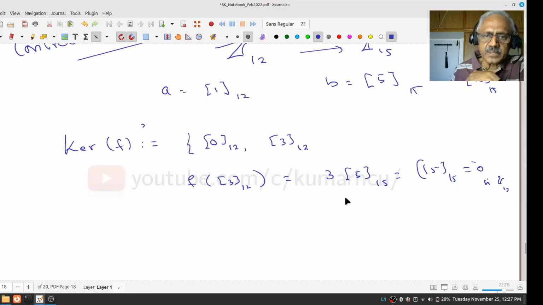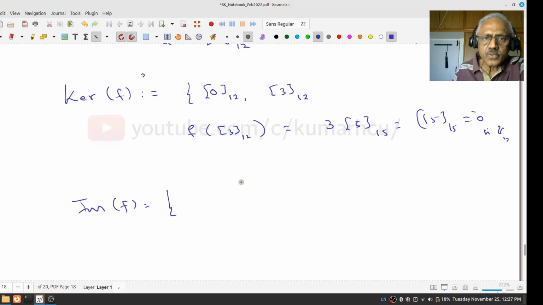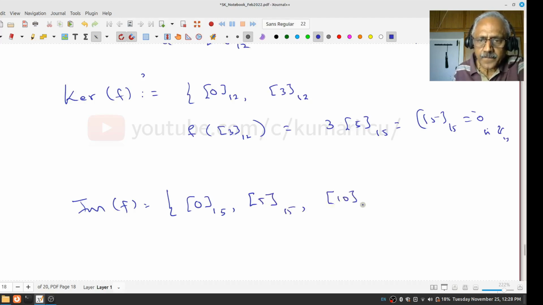You understand that? And where does 4 go? 4 times 5 is 20, that goes to 5. Maybe it will be good to write the image also at the same time. So 0 goes to 0, and 1 goes to 5, and 2 goes to 10. 3 goes to the kernel.